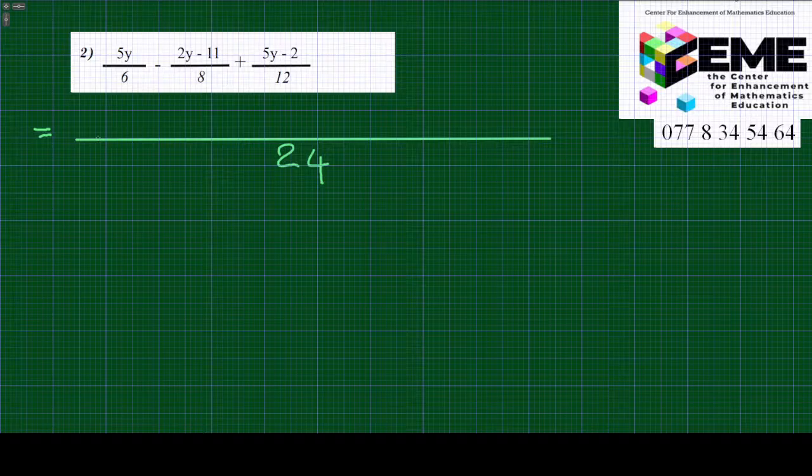Now, how did 6 become 24? 6 times 4 is 24. So you got to multiply this 5y by 4. 4 times 5y. Then comes the subtraction sign. Then comes 2y minus 11. By what should we multiply this 2y minus 11?